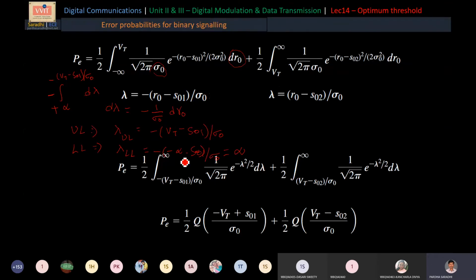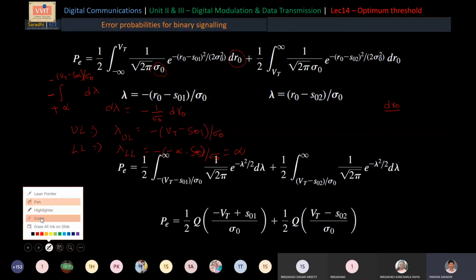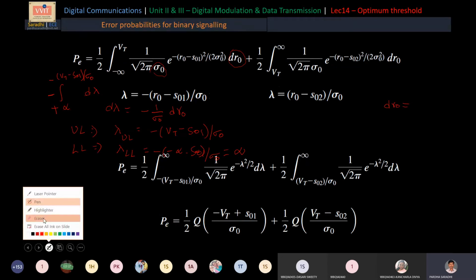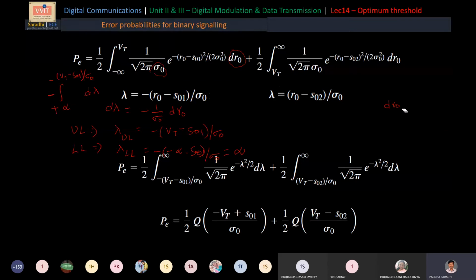So I will again explain what is happening here. dr naught by sigma naught is replaced by minus d lambda.